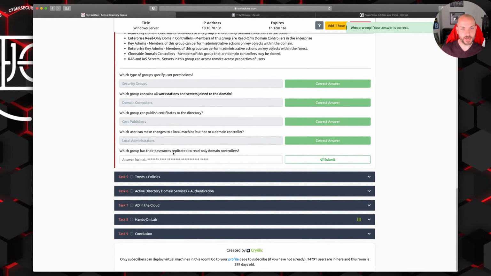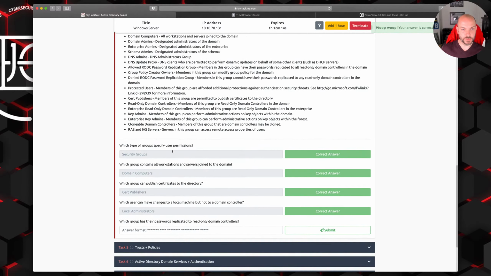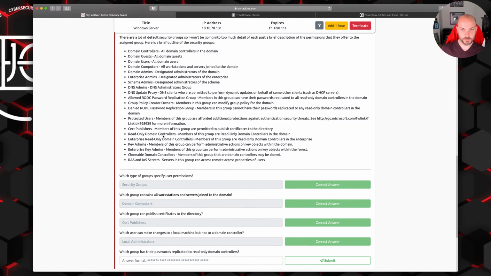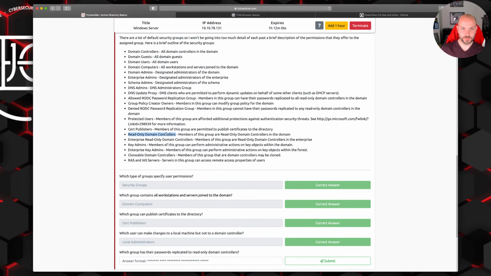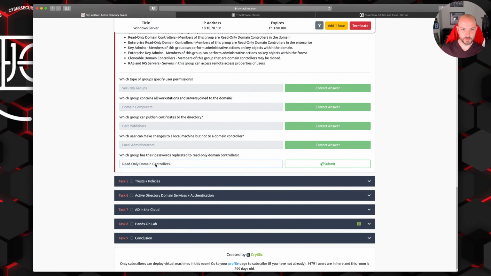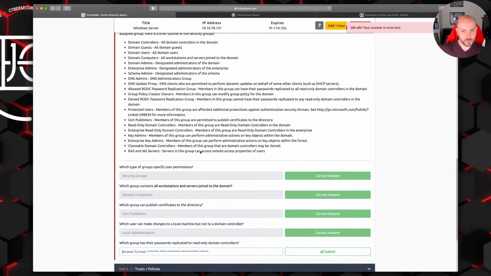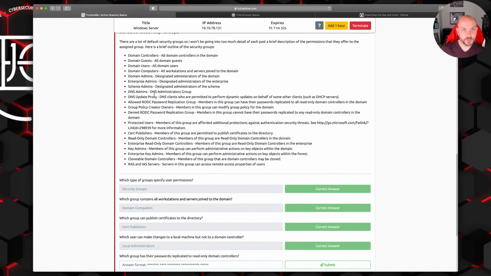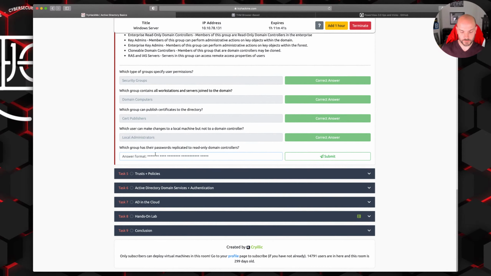Which group has their passwords replicated to read-only domain controllers? Read-only domain controllers? Maybe? Let's see. Nope. Let's see. Oh, right there. Allowed Read-Only Domain Controllers Password Replication Group. Let's try that. There we go.